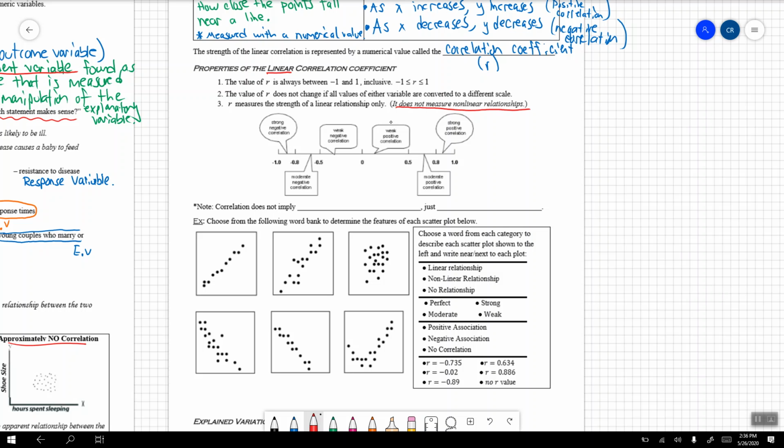We're going to identify that our center is going to be 0. Every time that the center is 0, our variation is always going to be between -1 and 1. The closer we are to -1 and 1, the stronger the correlation will be. In other words, that means we're going to extend past that 2 standard deviation point.